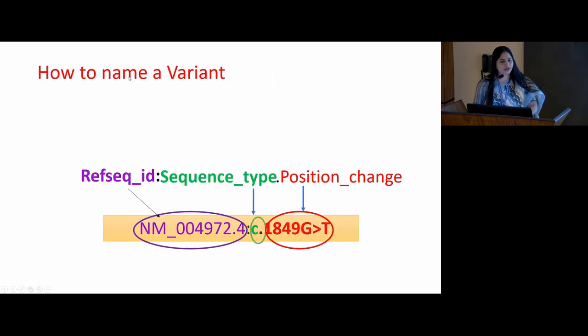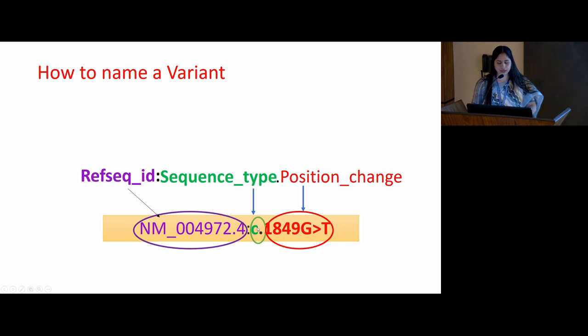To name any variant, we need three major portions of it. One is the RefSeq ID. The second is the sequence type, where exactly the sequence change is happening. The third is the position and what change is happening. The RefSeq ID and sequence type are separated by a colon, and sequence type and position change are separated by a dot. Here the NM ID that we have given is the RefSeq ID.